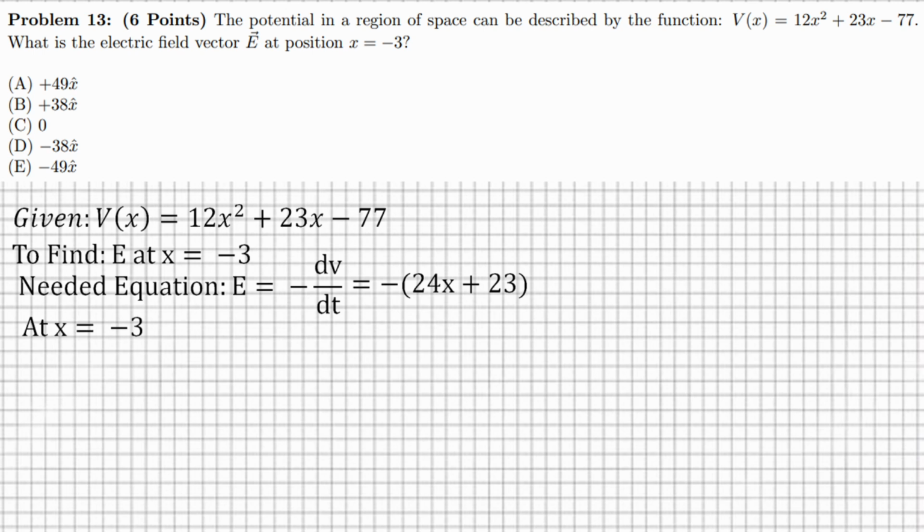At x equals negative 3, we just plug in the value of x, and we get E equals 49x. Notice that 49 is positive, and it cancels out the negative in the equation, so we are left with option A.